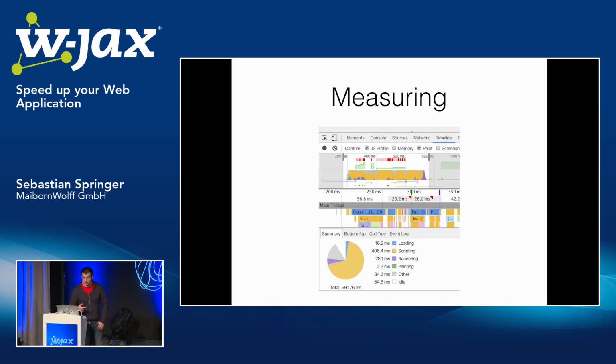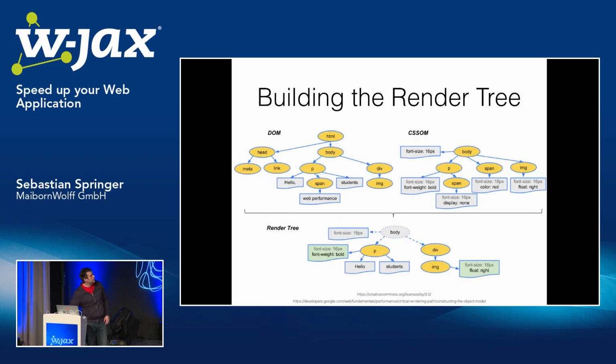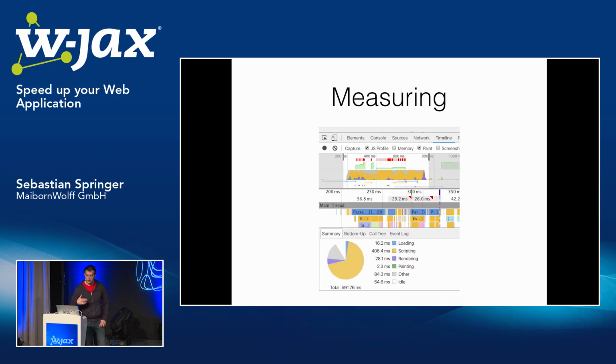Then it renders, builds up the trees, and then it paints the trees. And the rendering process is the building of the trees, and then the browser tries to put the elements into the correct place and displays it to the user.